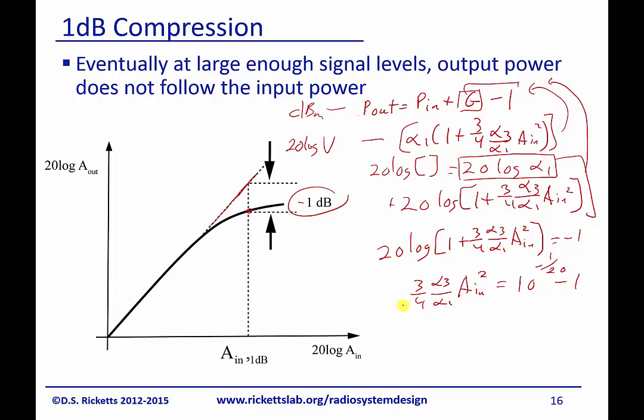I can get rid of this on this side, and then I can multiply by 4 alpha 1 over 3 alpha 3 times 10 to the minus 1/20th minus 1. And I take the square root of that. And that is going to give me the voltage amplitude where my 1 dB compression point is. And you can see we can write it simply in terms of alpha 1 and alpha 3.